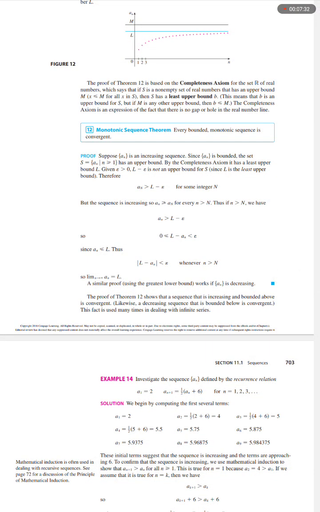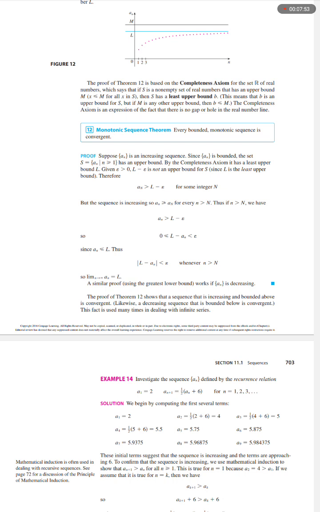Theorem 12, the monotonic sequence theorem: every bounded monotonic sequence is convergent. Proof. Suppose (a_n) is an increasing sequence.